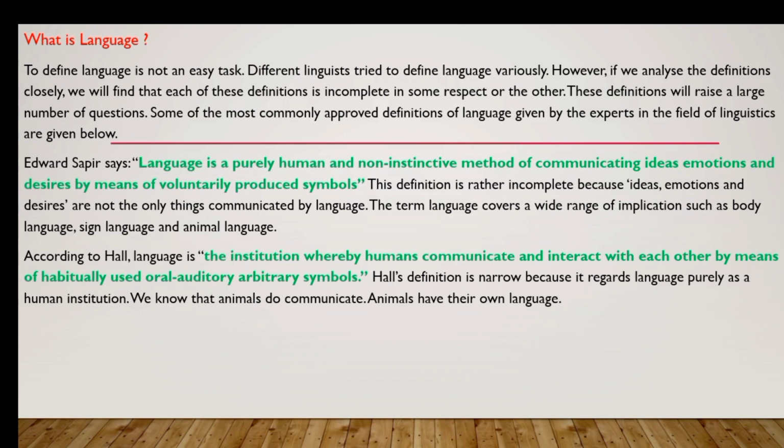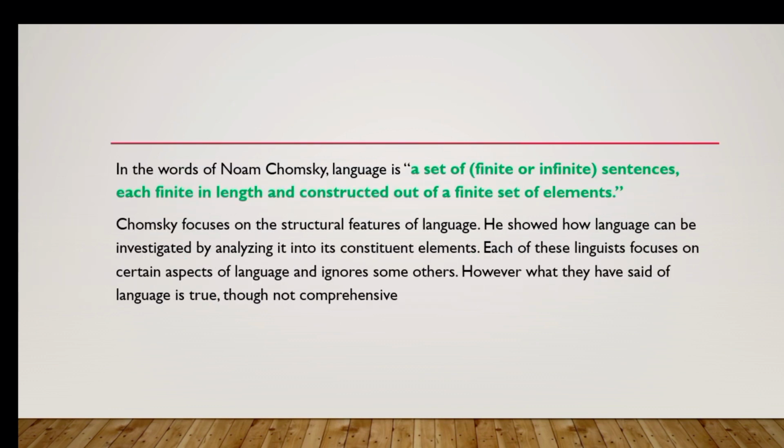The third definition is given by Chomsky. According to Chomsky, language is a set. What kind of set? He said language is a set of finite and infinite sentences. Chomsky mainly focuses on the structural features of language.